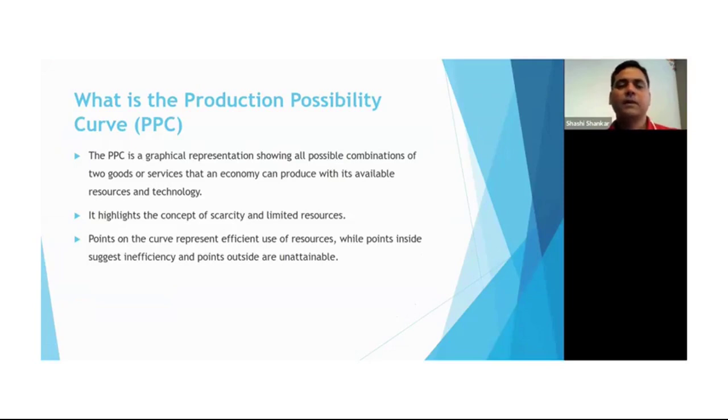If I'm talking about product A and product B, how much of product A and how much of product B could be produced can be depicted in a graphical representation, which is known as the production possibility curve.